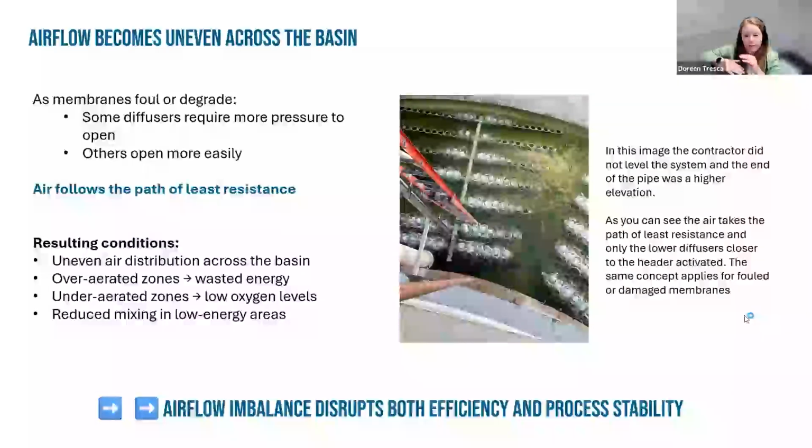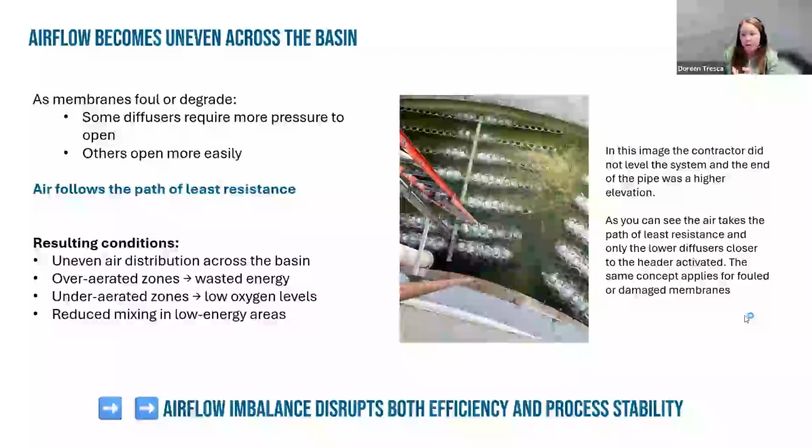Because the pipe wasn't even, the airflow takes the path of least resistance, and only those first few diffusers are activated. This is pretty similar to what's going to happen once things get fouled and scaled. You'll see some membranes activated and running fine, and other ones on the end that are not working, not engaging. So it's very similar to what happens with fouling and scaling: some of those areas are active and engaged, and others are not running.